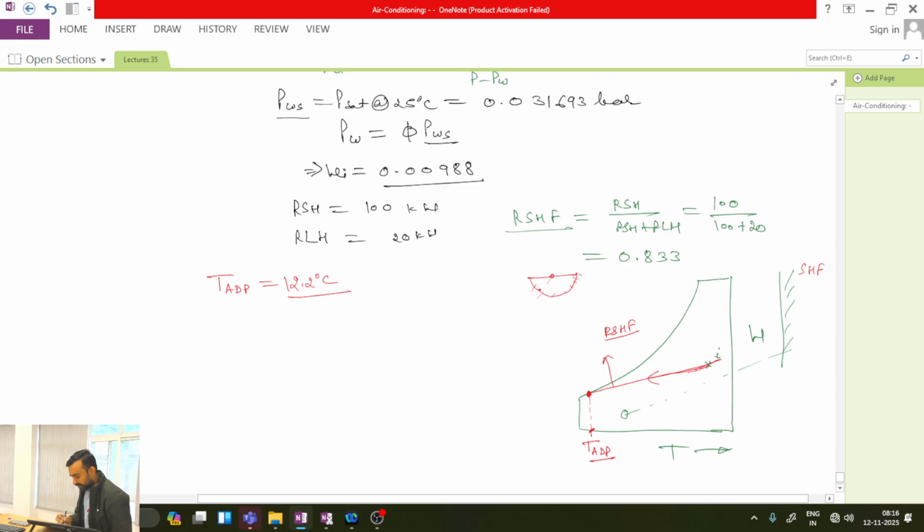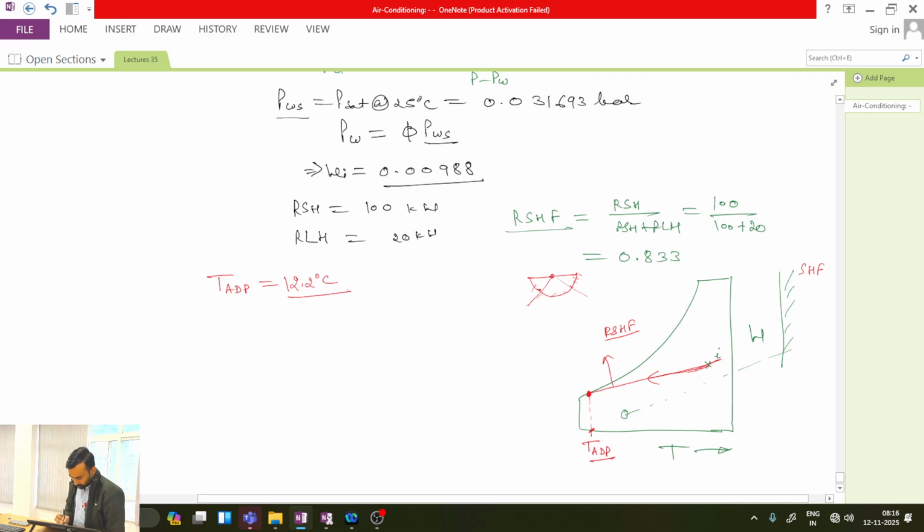Did you use this side or this side? This one. Okay, because the process is cooling and dehumidification. When process is cooling and dehumidification, we have to use this type of line. When process is heating and dehumidification, then I may have to go for this one. Is this point clear? So the nature of the process is this side.